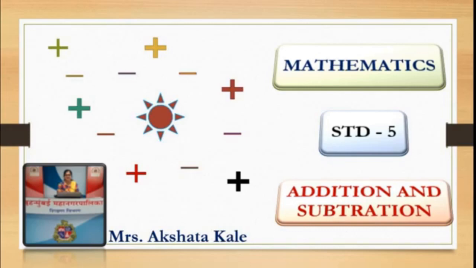Now students, you know how to add and subtract numbers up to 4 digits. Today we will learn the addition and subtraction of numbers of 6 digits and 7 digits.